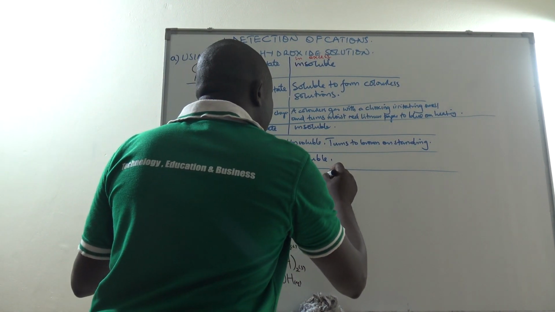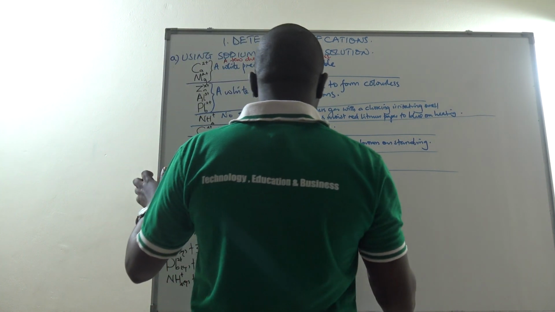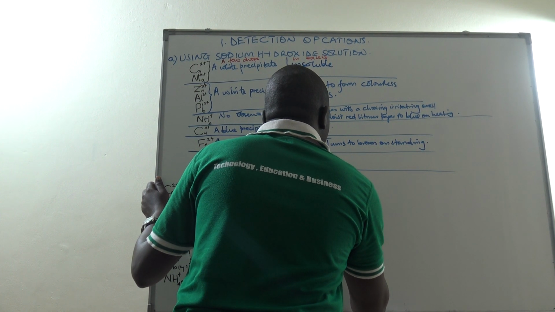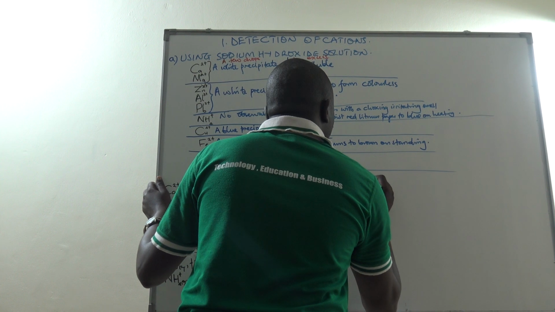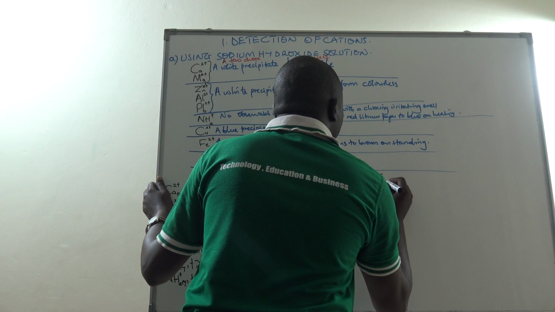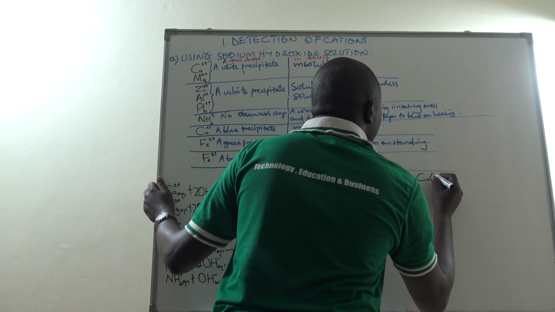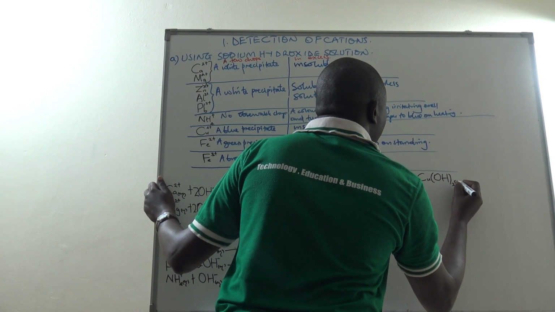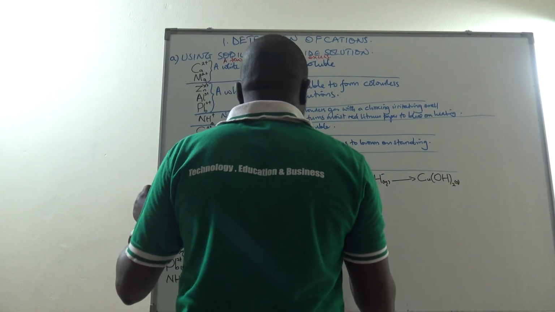Then let us go to copper 2 ion. So the copper 2 ion will combine with the 2 hydroxide ions, and we also get copper 2 hydroxide, which is a blue precipitate, and we are going to see this case later on in excess.